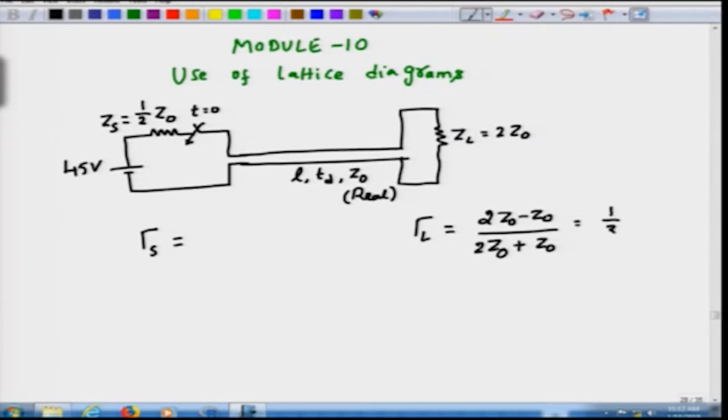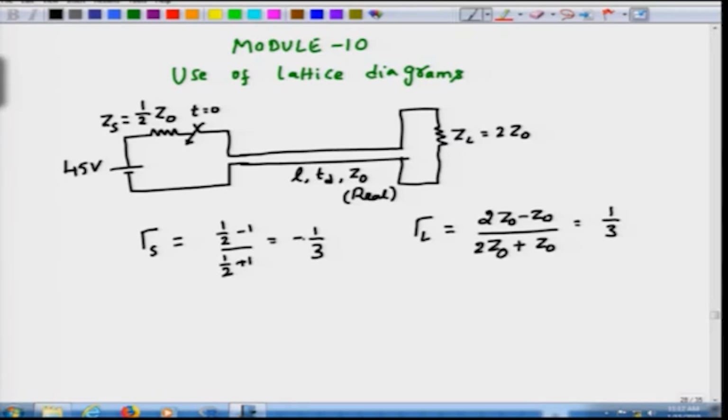So, this will be 1 over 3. Please verify these calculations. And gamma S will be half minus 1 by half plus 1, correct. So, this will be equal to minus 1 by 3, right. This will be minus half divided by 1.5. So, 0.5 divided by 1.5 will be 1 by 3 and there is a minus sign.